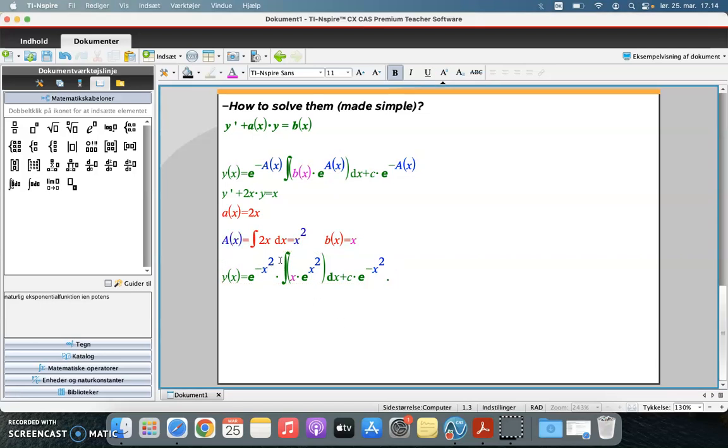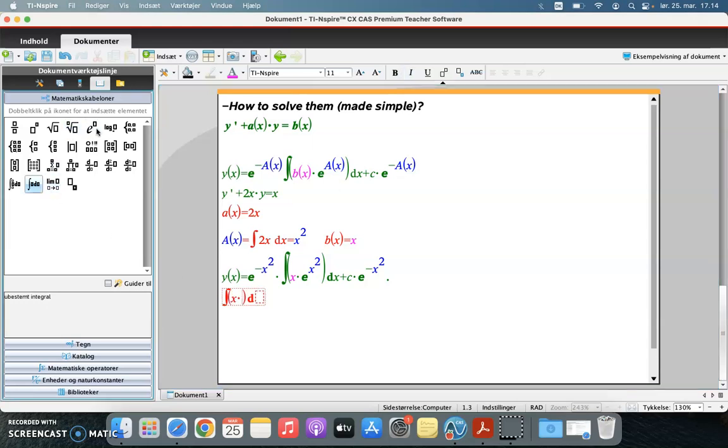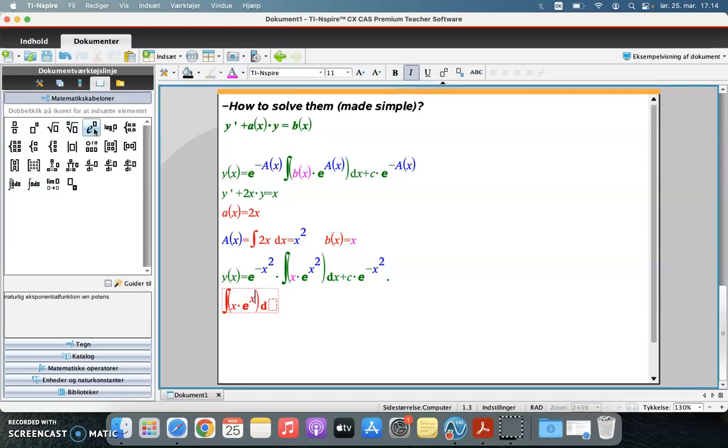So here I have colored them all. The blue ones are capital A(x) and the pink one is b(x). So this part here is what we're going to look at particularly. We have the integral of x multiplied by e to the power of minus x squared dx.